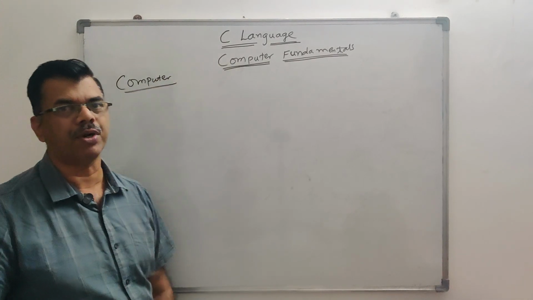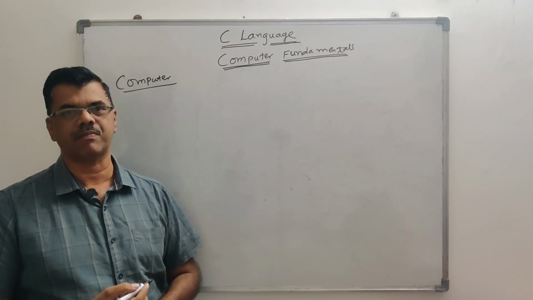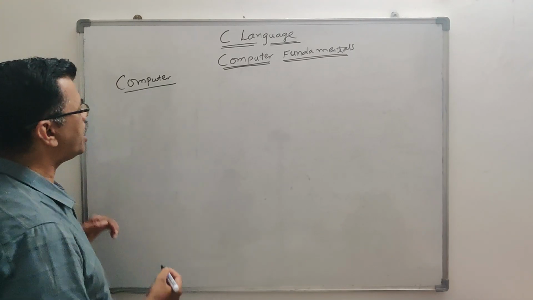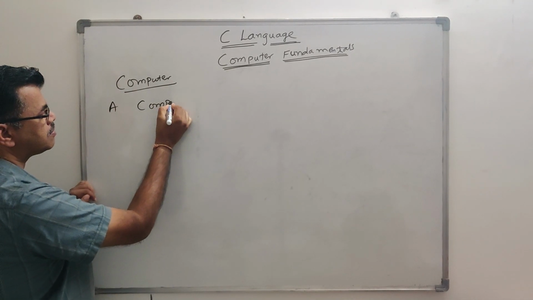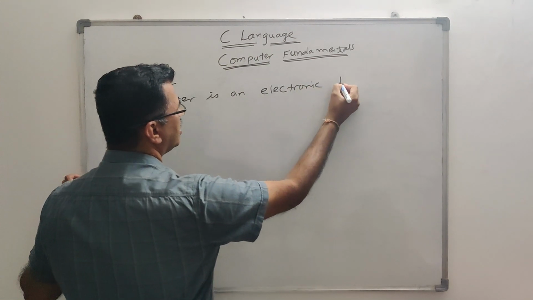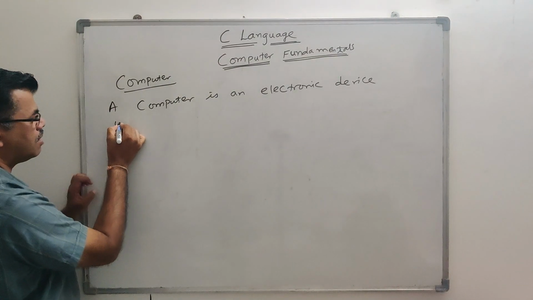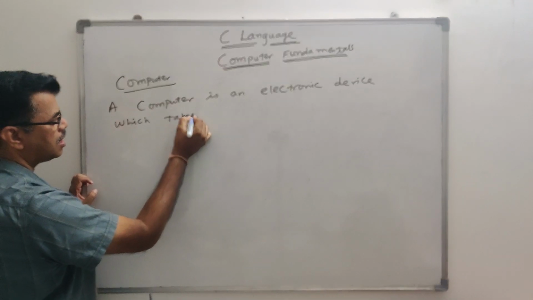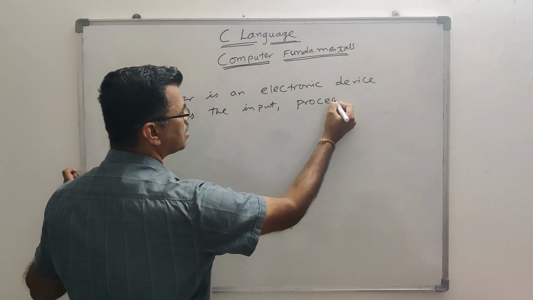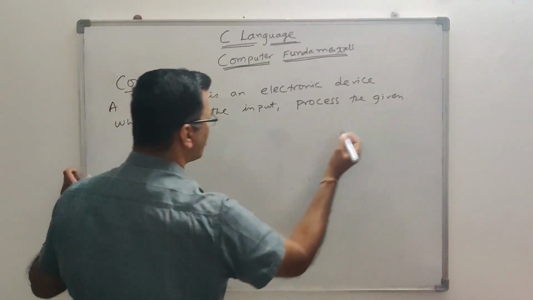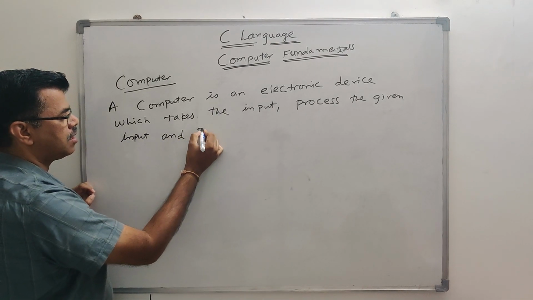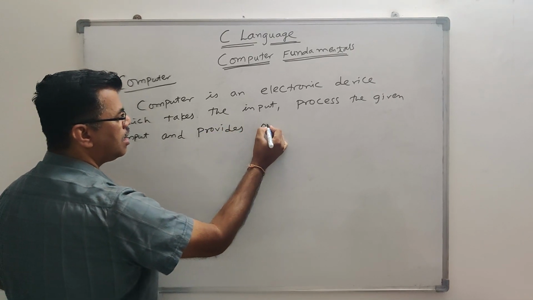How do we define a computer? A computer is an electronic device which takes input, processes the given input, and provides output to the user.